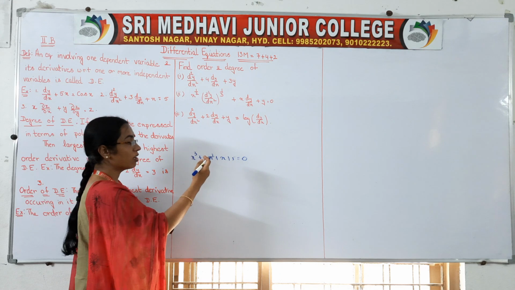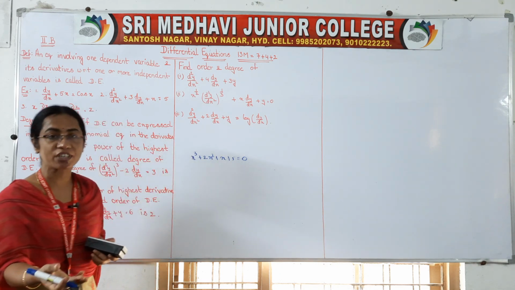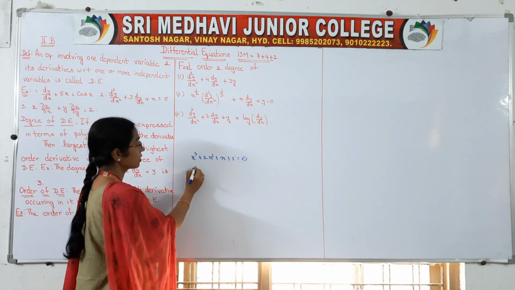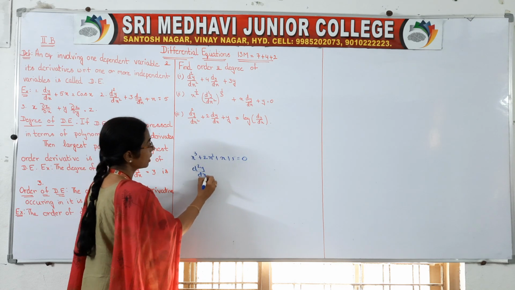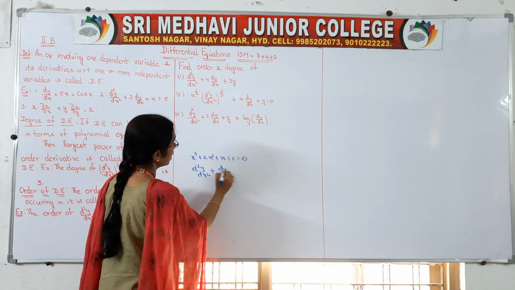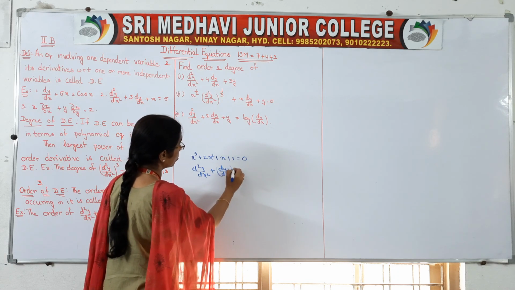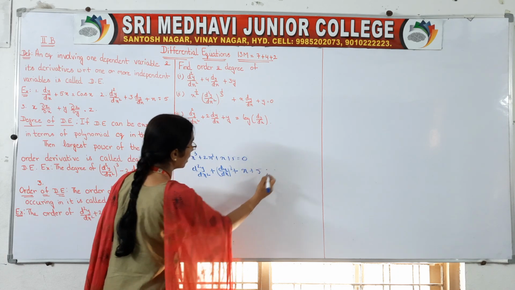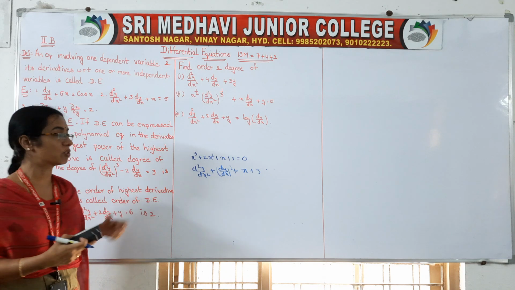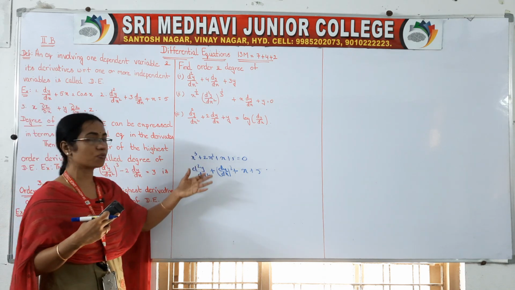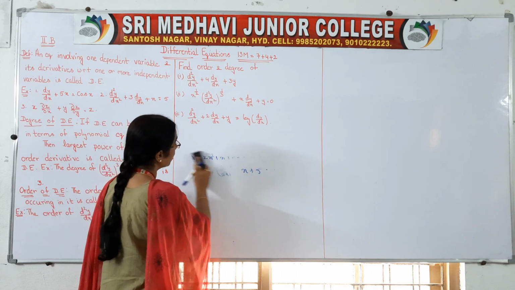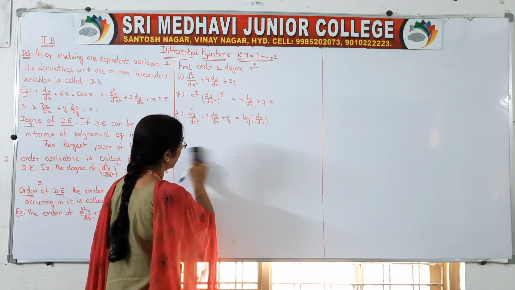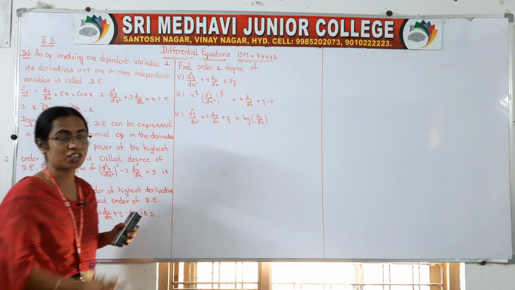Suppose the polynomial equation is in terms of derivatives, that means d square y by dx square plus (dy by dx) whole square plus x plus 5 is equal to 0, like this. Instead of x we are having derivatives, right? Then for that we will find the degree of the differential equation.